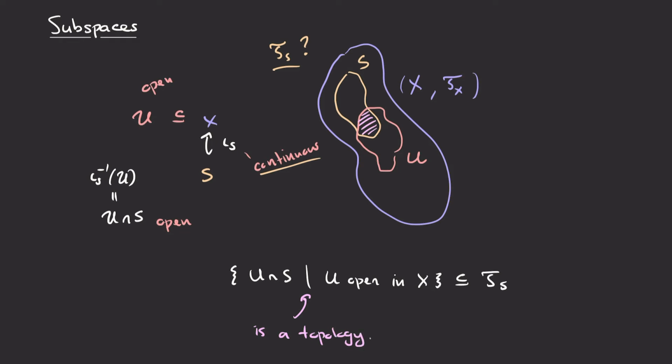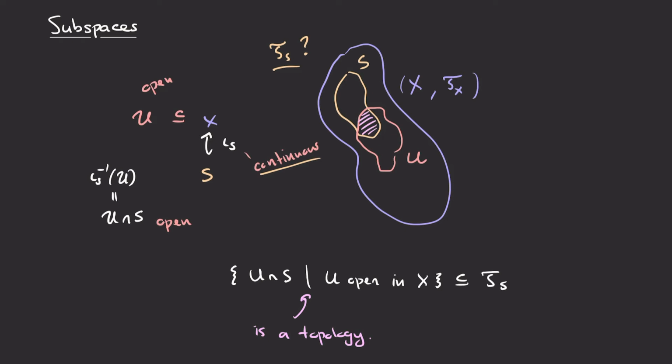That means it satisfies those three conditions that we need for a topology, namely that the entire subset is open in the topology, the empty set needs to be open in the topology, then we need that arbitrary unions of open sets are again open, and finally that finite intersections of open sets are again open.